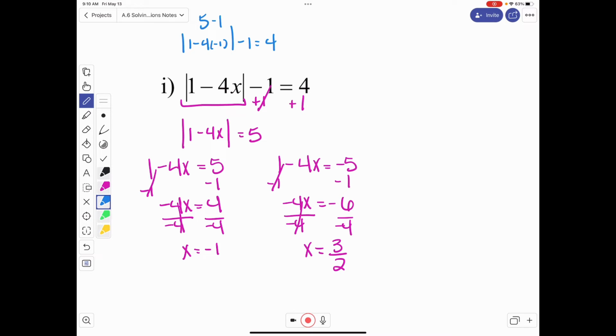And then I'll do the same thing here. So 1 minus 4 times 3 over 2, minus 1. And so that's going to be 6. 1 minus 6 is negative 5, but the absolute value of that is going to be 5. 5 minus 1 does equal 4. So both of these work. So we are good on those.